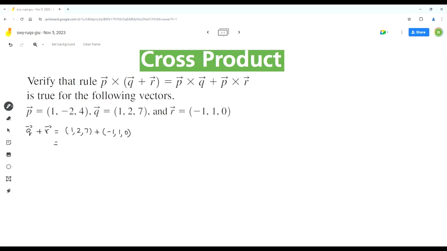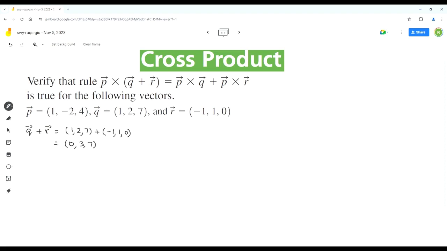So we can add their x, y, and z components. So 1 plus negative 1 is 0, 2 plus 1 is 3, 7 plus 0 is 7. So this is the vector for Q plus R.